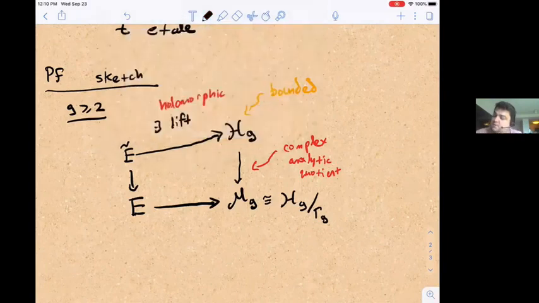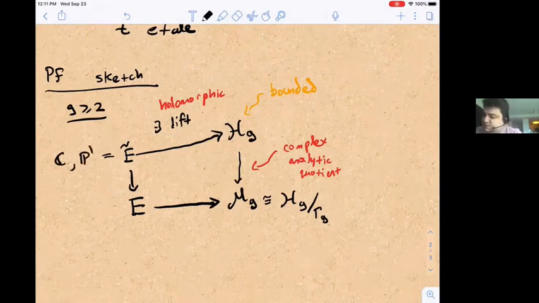But now this universal cover is either C if E is an elliptic curve, or it's just E itself, i.e. P1, if E is genus 0. But either way, because the target is bounded, it's some bounded domain, there are no non-constant bounded holomorphic functions, by like the maximum principle, say. So whatever this lift is, it's the constant map.